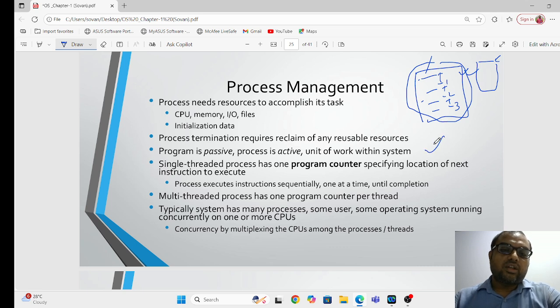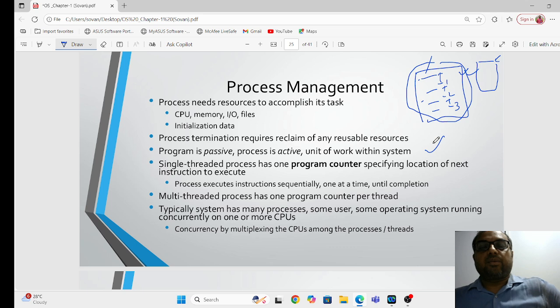Now, which is passive and which is active? The program is the passive part and the process is the active part. Why is the program passive? Because inside the process there is the program.